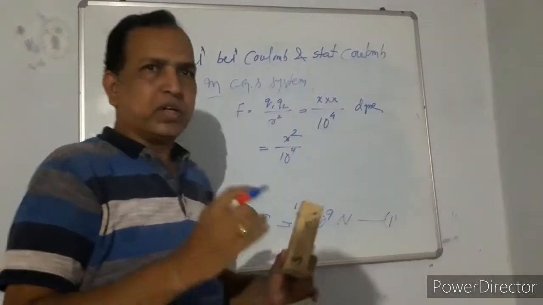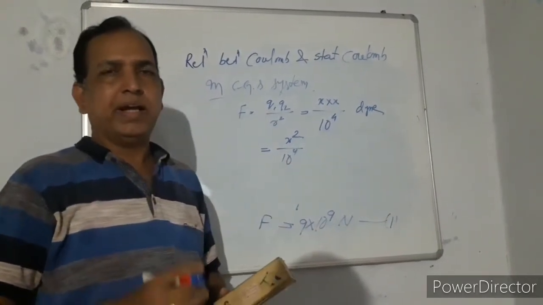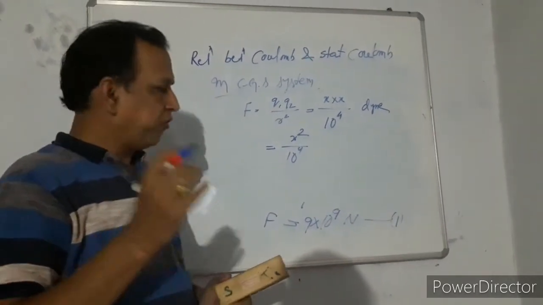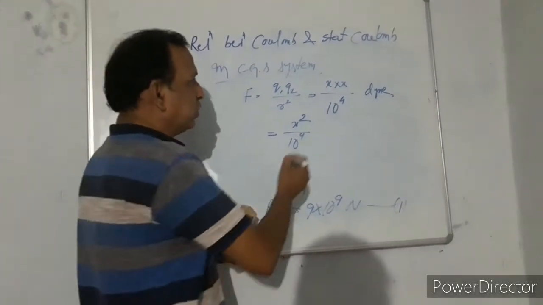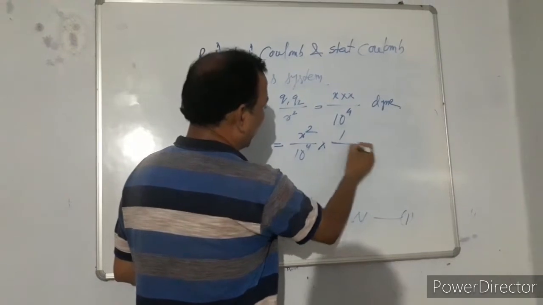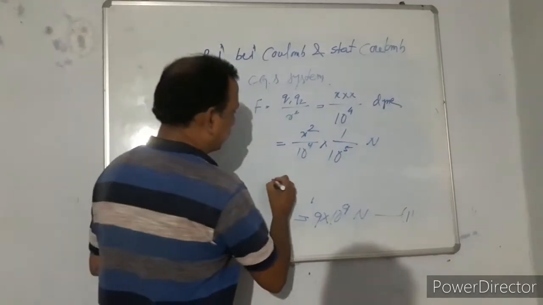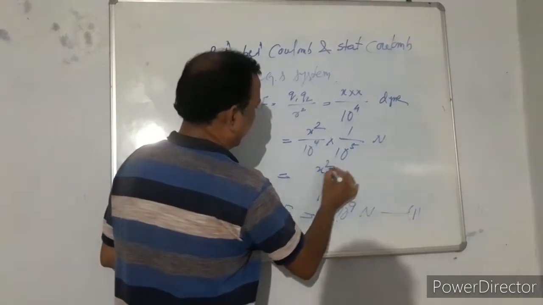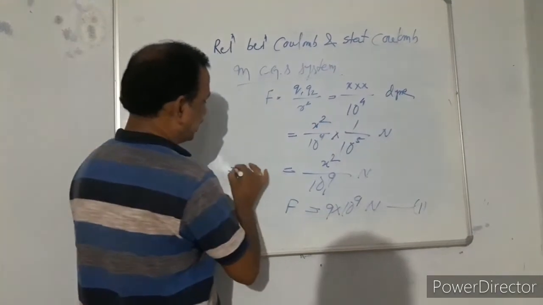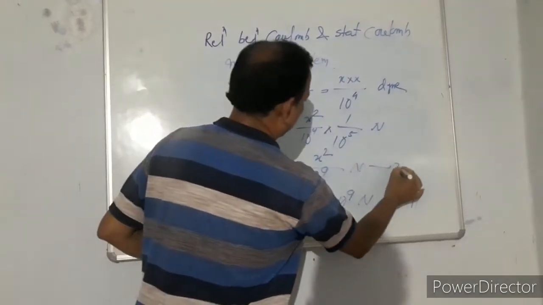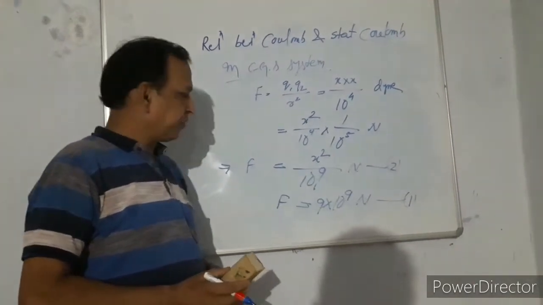Now we convert dyne into Newton. 1 Newton is equal to 10 to the power 5 dyne, so 1 dyne is equal to 1 by 10 to the power 5 Newton. That is equal to x square by 10 to the power 9 Newton.